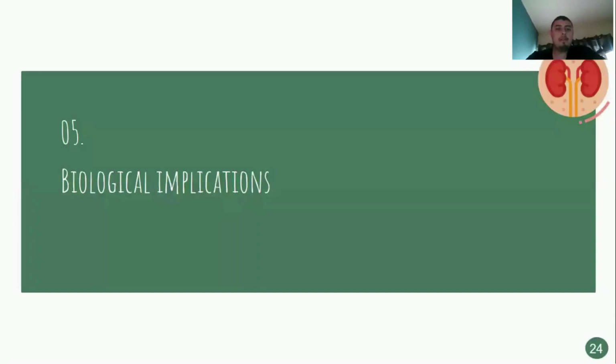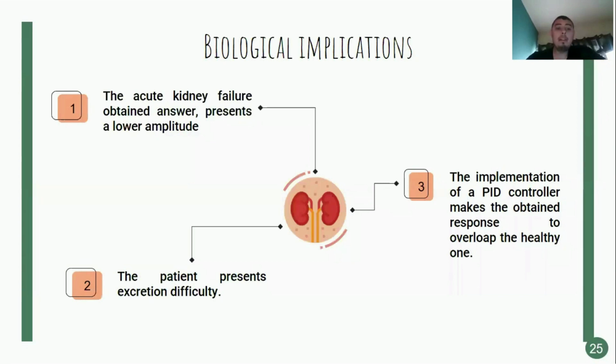Now, on this final section of the work, we're going to talk about biological implications, where the acute kidney failure obtained answer presents a lower amplitude because of the increase of the resistance of the ureter, R, which is Ru.